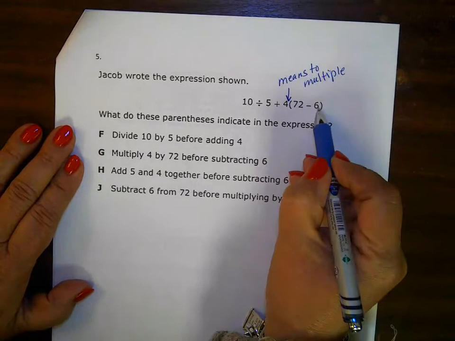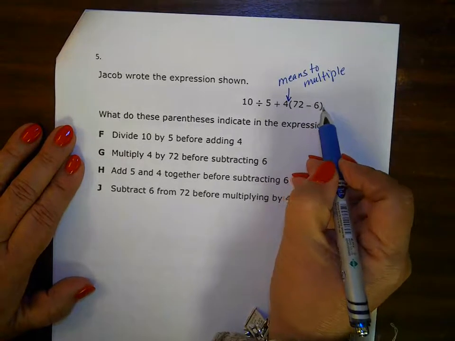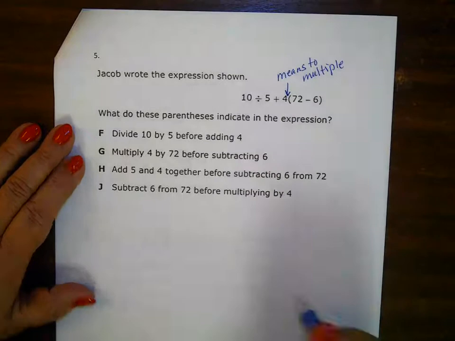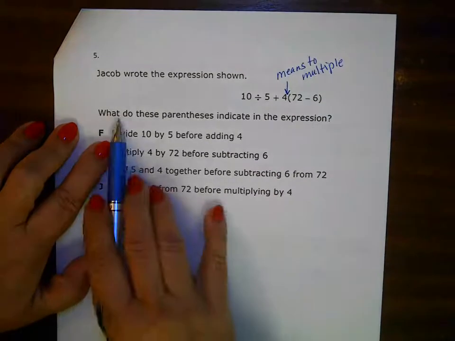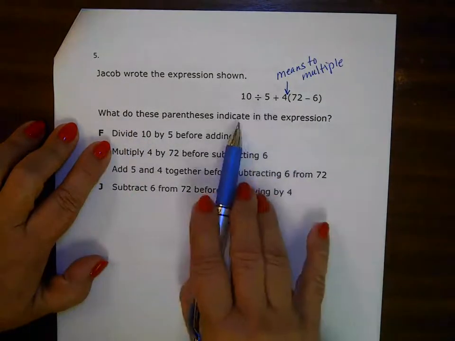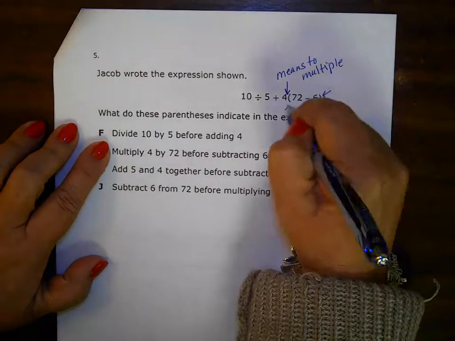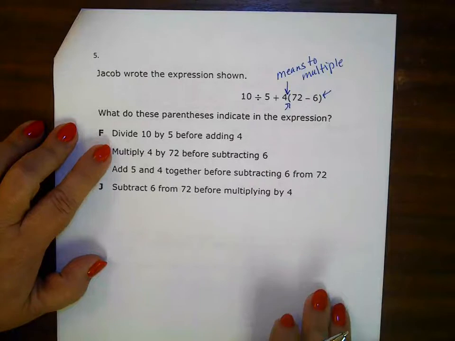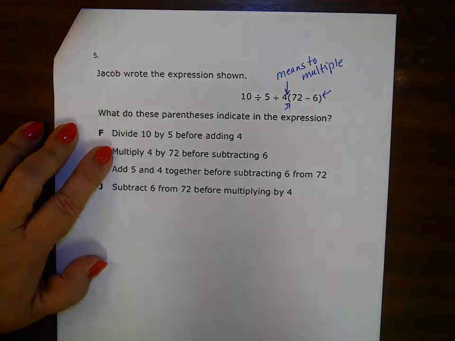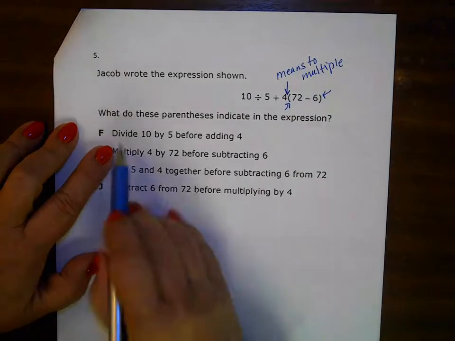So you'll do everything in the parentheses first, then you'll multiply that by 4. So let's look at this. What do these parentheses indicate in this expression? Oh my goodness. So what do those parentheses represent, or what do they mean?